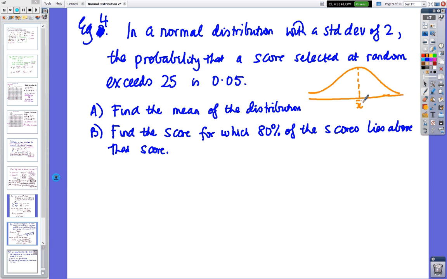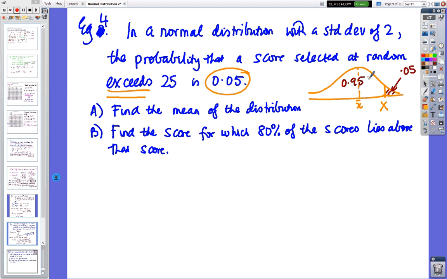So exceeding is above, so we've got a small area. So there's some score that the area is 0.05. Okay, so because it exceeds 25, the area is 0.05, which means that the area behind is 0.95.